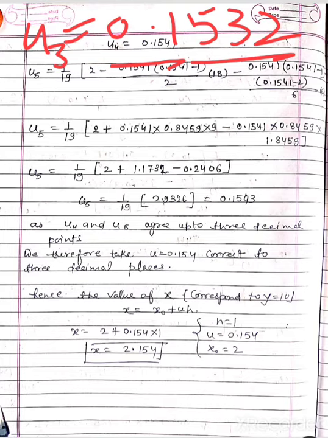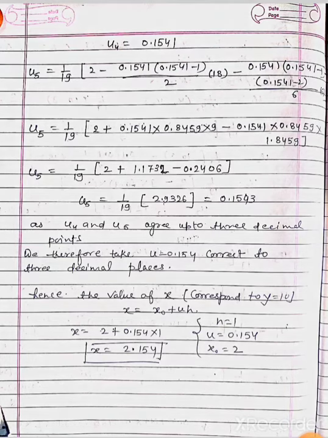So we again calculate the value of u using the value of u4 in the third approximation, and we obtain the value of u5, which comes out to be 0.1543, and the value of u4 equals 0.1541.